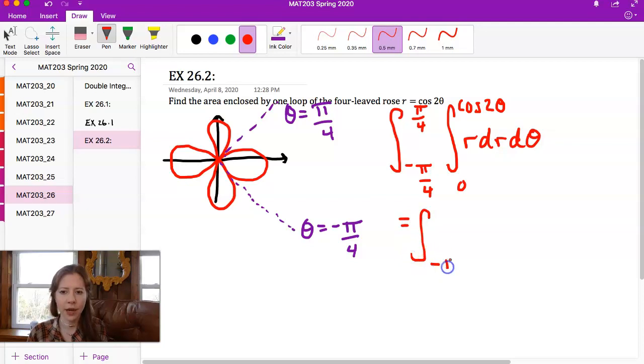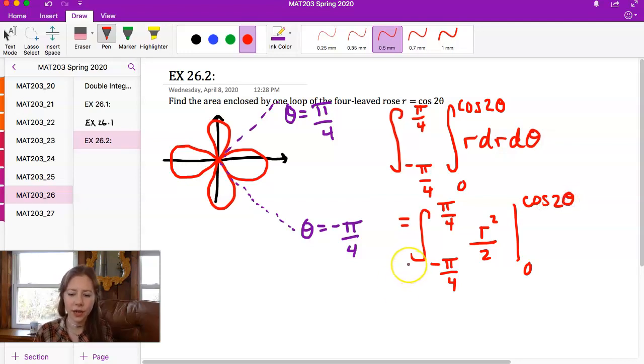So we have minus pi over 4 to pi over 4, and r dr is going to become r squared over 2. We're going to evaluate this from 0 to cosine 2 theta, and we still have our d theta.